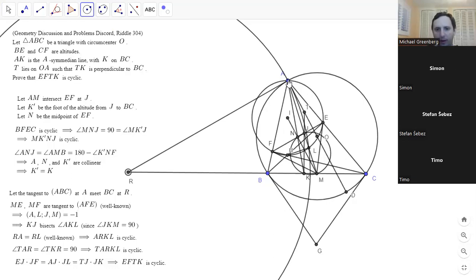And to prove that, I think it follows from another property: when you reflect L over BC, it will be on the intersection of the C median with the circumcircle. I don't know if it can be an angle chase.